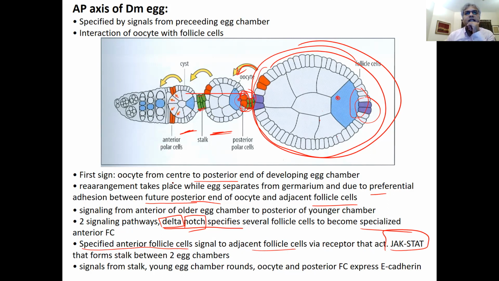Stalk formation is taking place between two independent egg chambers. So signals from the stalk, young egg chamber, oocyte and posterior follicle cells are all responsible for expression of E-cadherin at this stage.